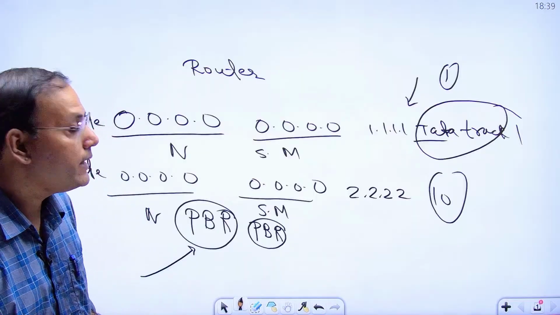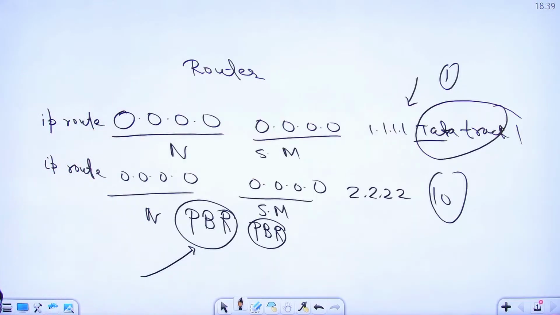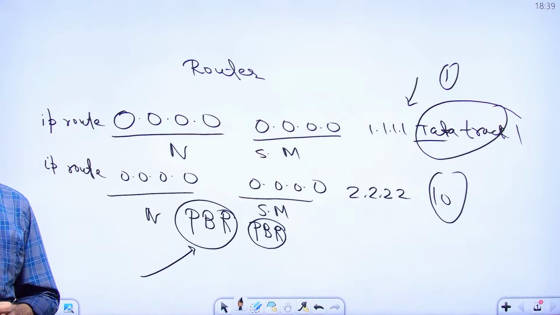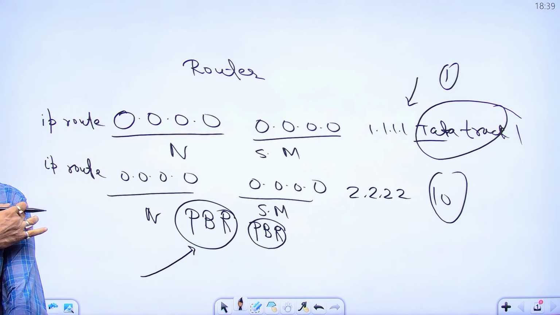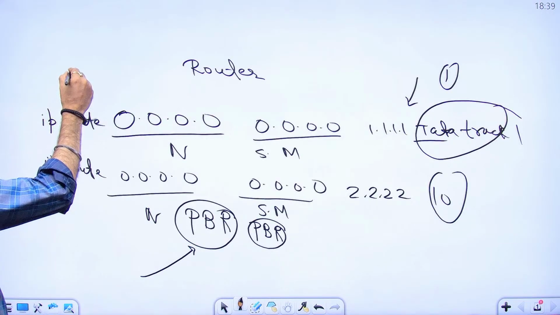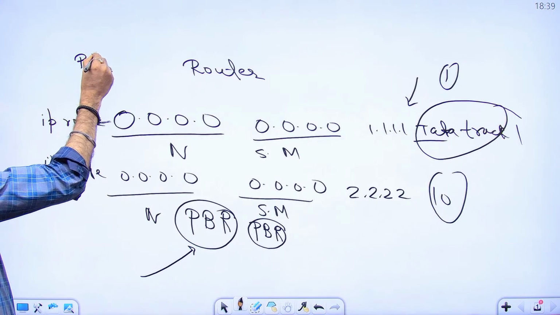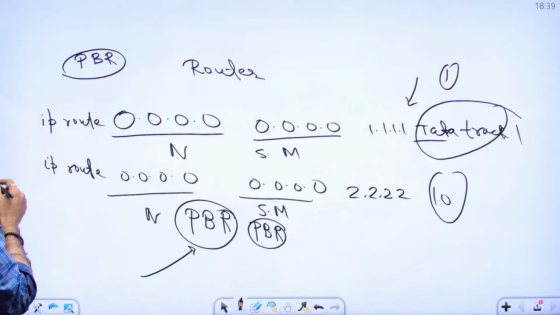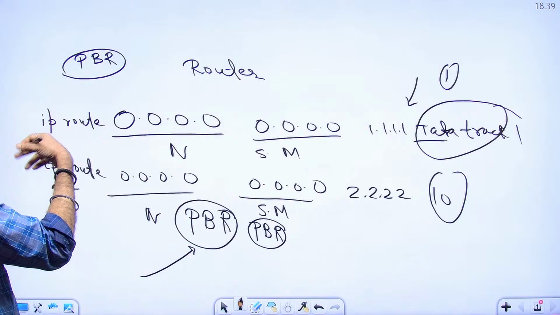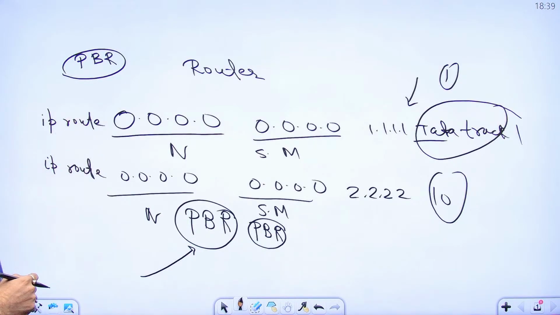If you are doing your CCNA or CCNP, make the lab, try it in your lab, and do comment whether it works or not. So what is the important thing? If there is a PBR, it always comes first, before your routing table.